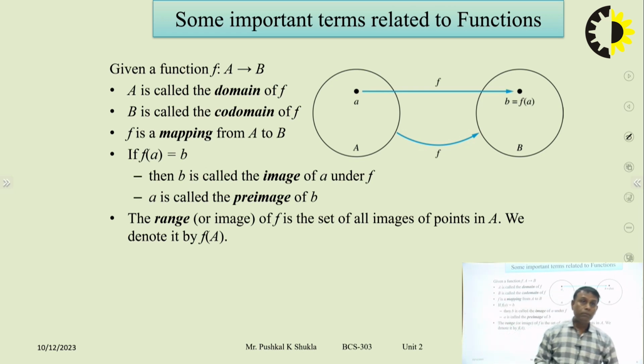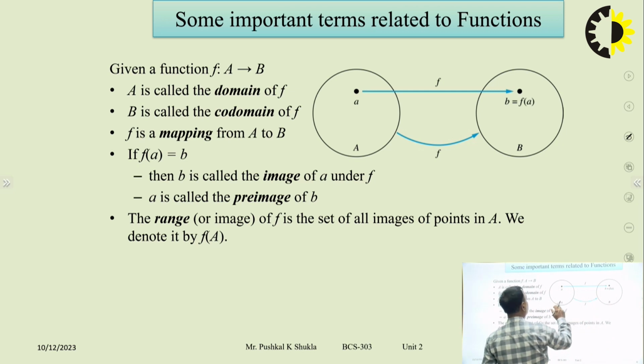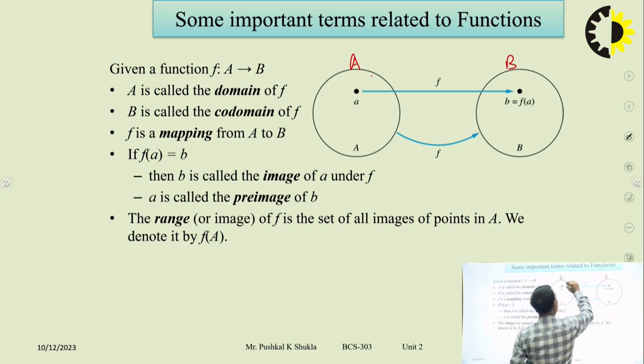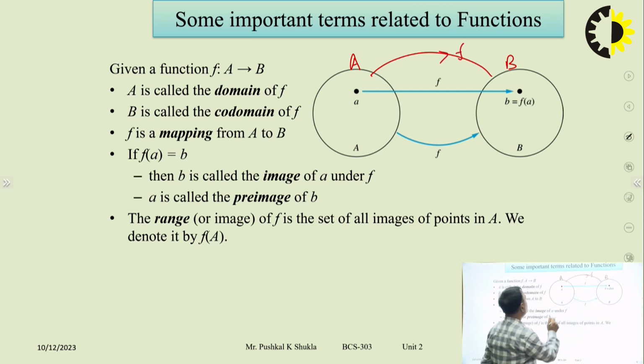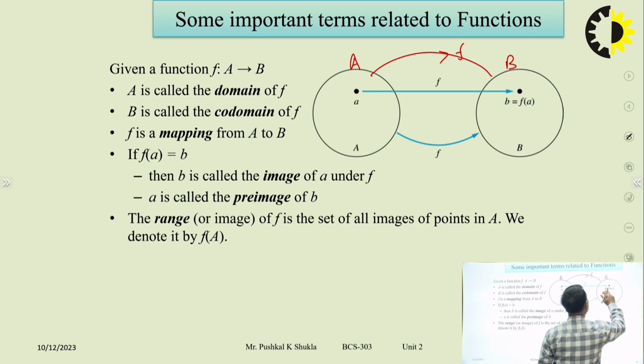Now, some important terms related to the function. Suppose a function f from A to B is given. The elements of set A are denoted a and the elements of set B are denoted b, with b equal to f of a.